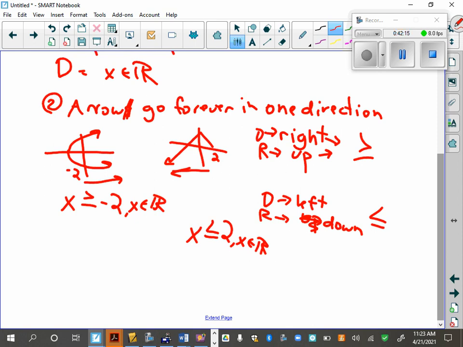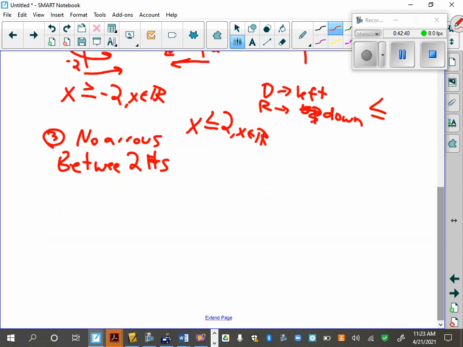If you don't have any arrows, or aka between two numbers, that's when you're going to use the number less than or equal to x less than or equal to the number. So you have something like this tomorrow that just has a point but no arrow left or right.